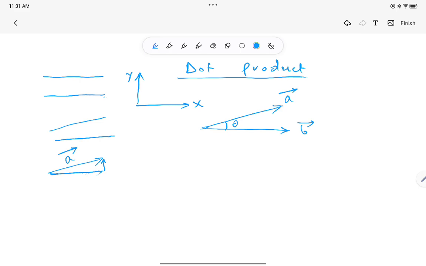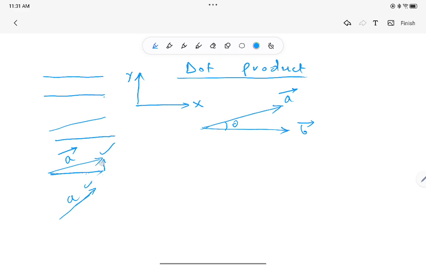Now you have this directed line segment, and then you have these two directed lines, these two components. Since a vector can have two components, you can see the two components of this vector. Suppose the same vector is now oriented like this. What is the difference here and here?